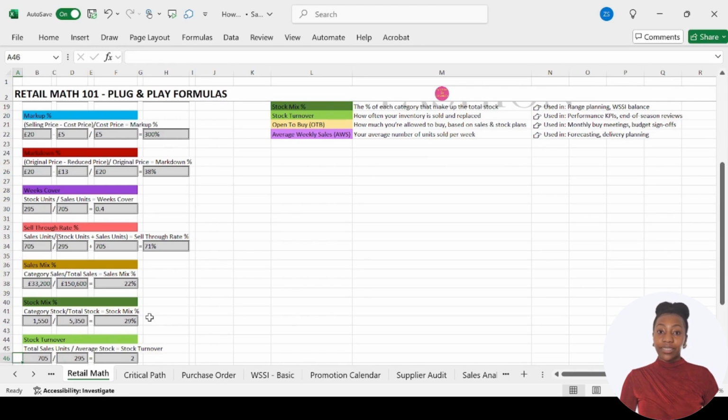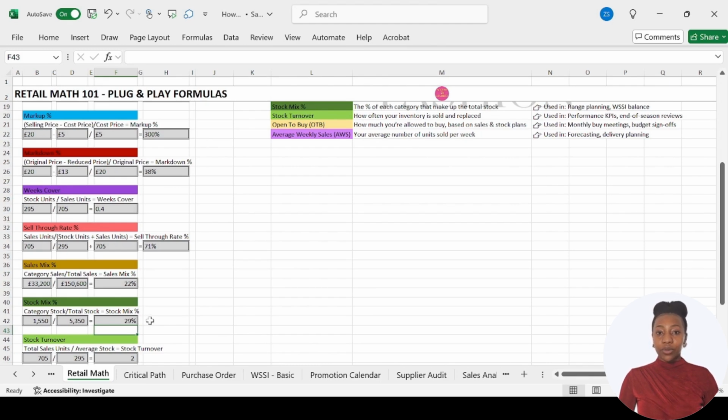So now here we can see our stock mix is 29%, because it's your category stock divided by your total stock, and that gives us your 29%. So the fact that for this category, which is tops, the stock mix is quite close to your sales mix, 29% and 22%, we know that that's a healthy comparison.